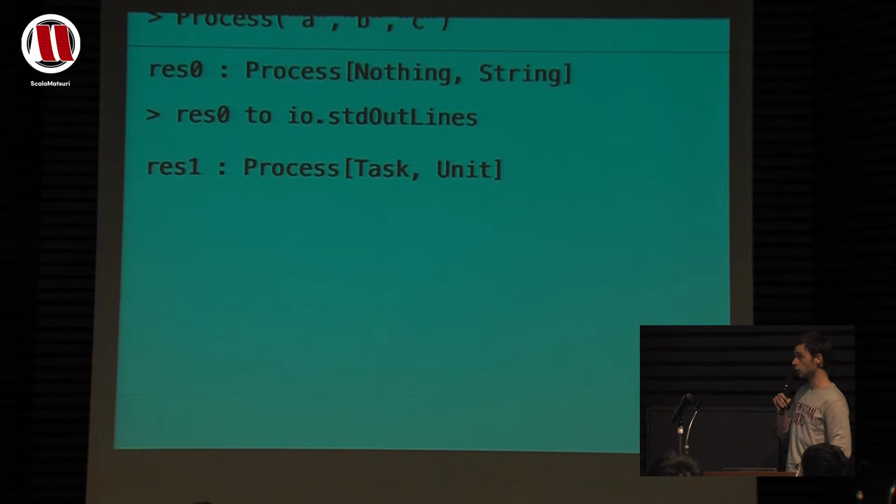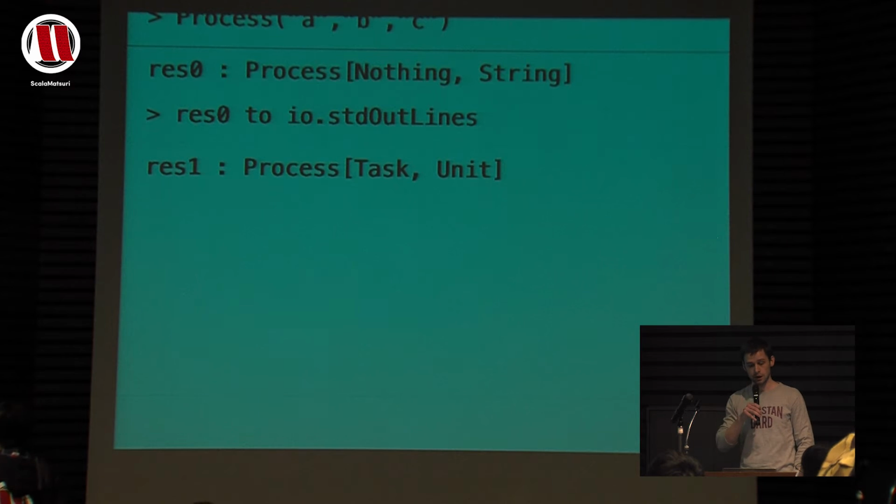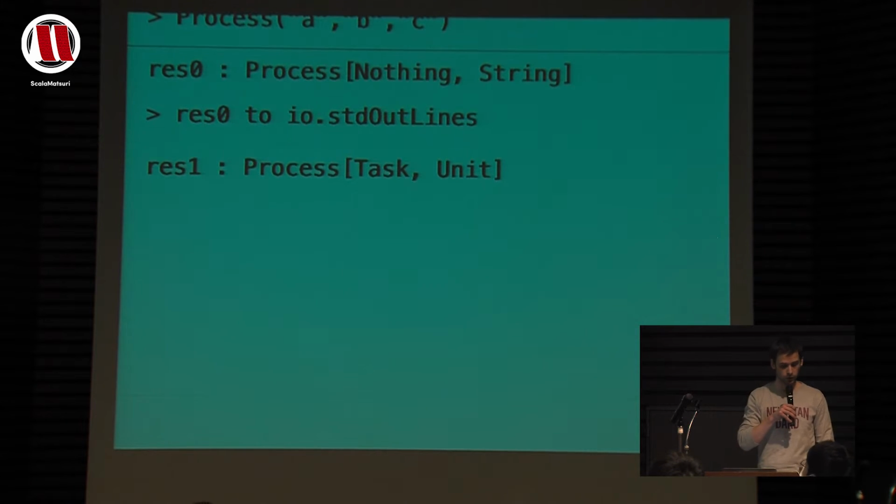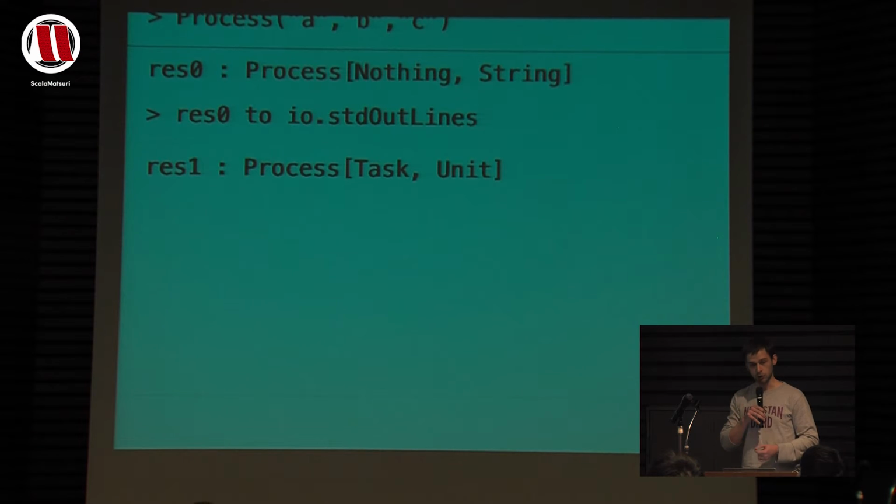In this case, the to method accepts a sink, and the standard out lines is a sink that will simply print out whatever it receives. And you see the type of the process changes to Task and Unit, because now we are actually having a side effect in our process. We are printing to standard out, and because we are printing to standard out, the return type will be Unit.